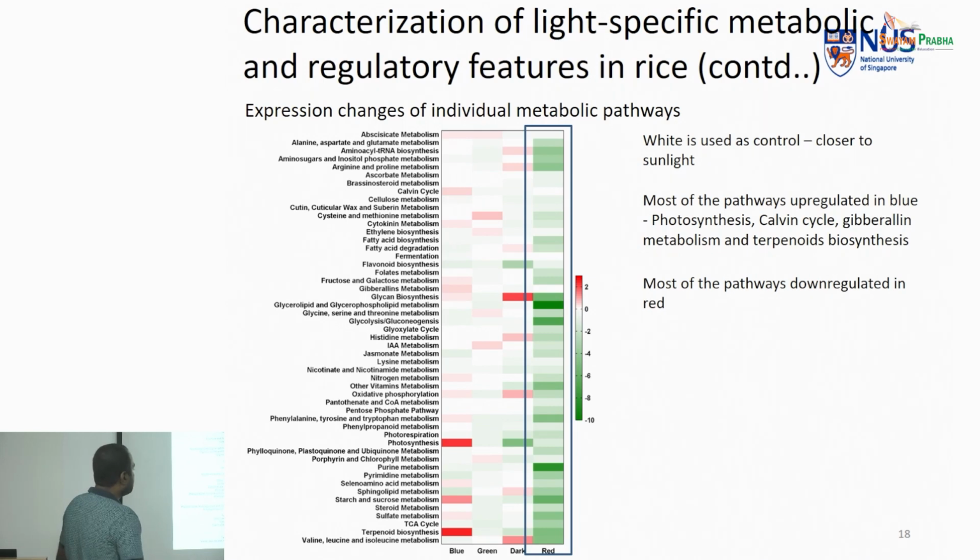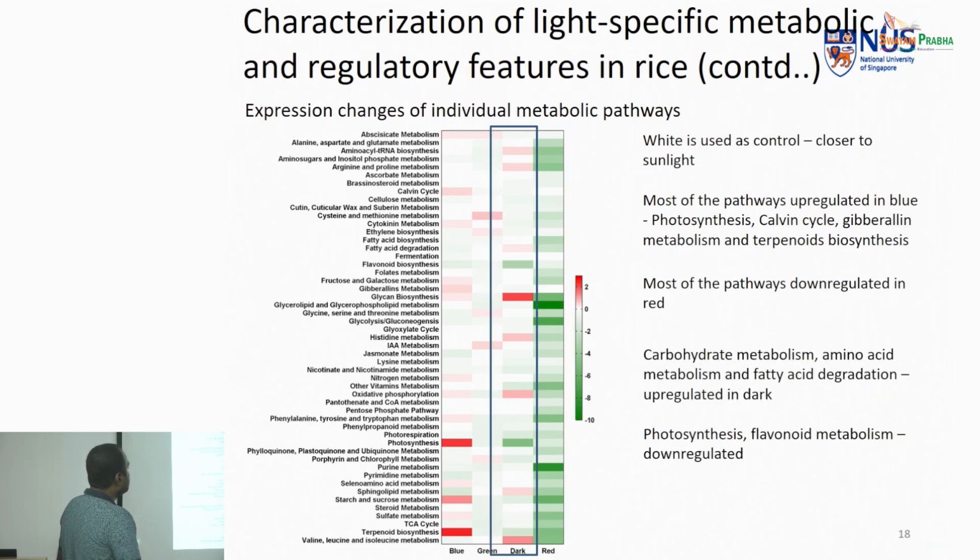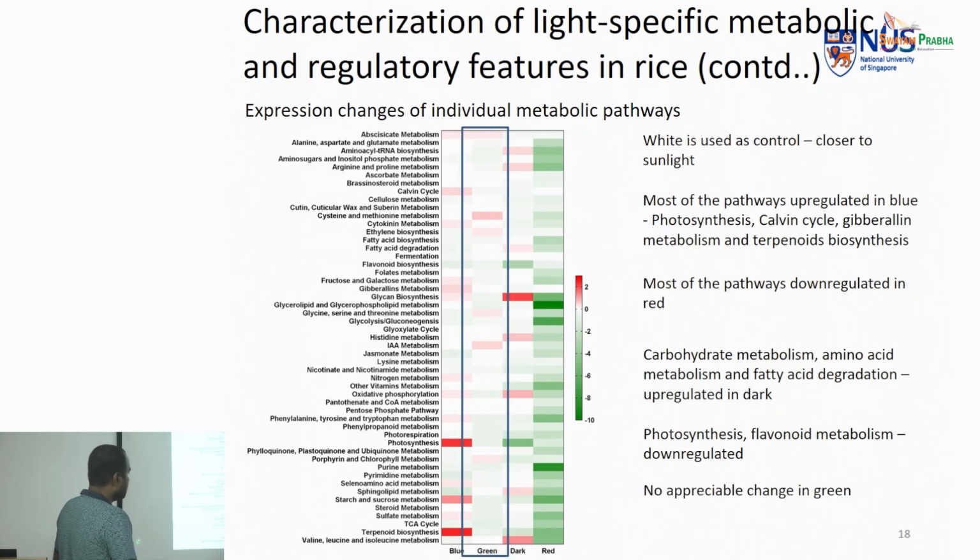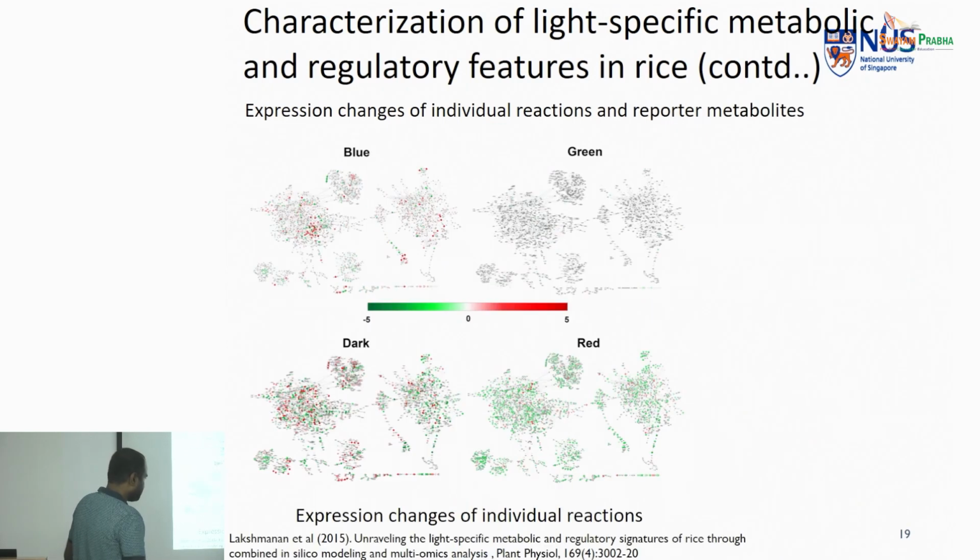They also had a relatively lower allocation into terpenoid synthesis and other secondary metabolite synthesis. In the dark, there is an elevated degradation of certain amino acids, and a complete reliance on oxidative phosphorylation. And in green, there is a more balanced growth with increased plant hormone synthesis like IAA, indole acetic acid, and so on.